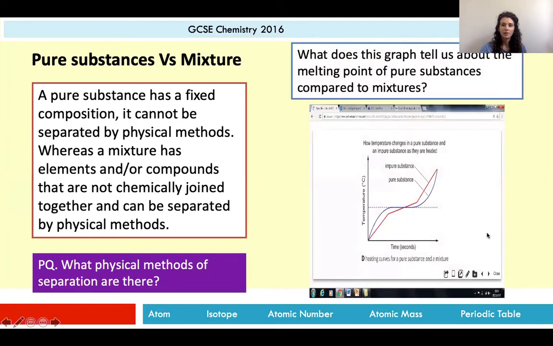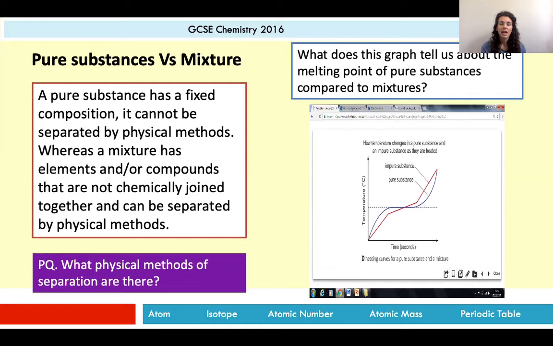Okay, so another thing that we looked at very briefly was pure substances and how a pure substance was different to a mixture. So I'm just going to run through some bits of revision now over the next couple of slides, and you take what you need. So if you need to pause the video and write down some notes, that's fine. So a pure substance has a fixed composition, so it can't be separated by any physical methods.